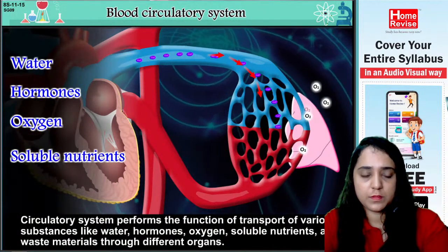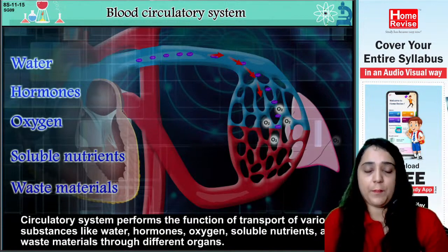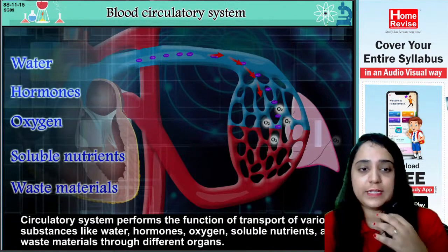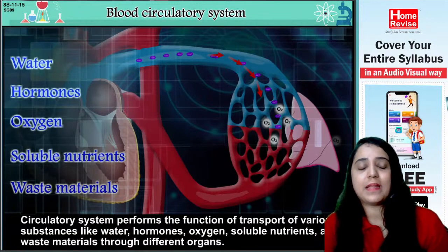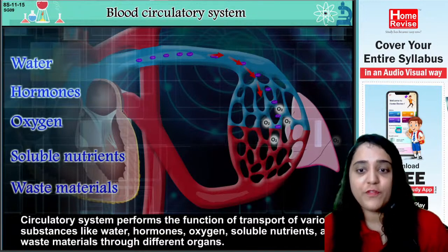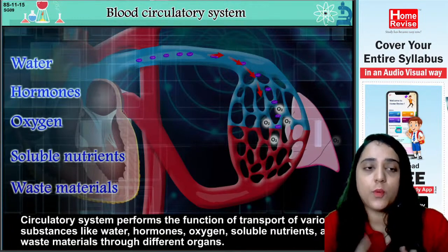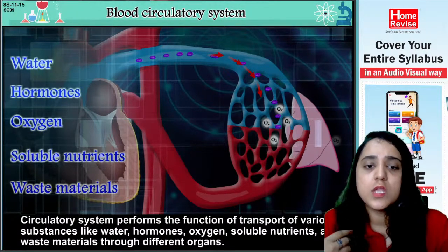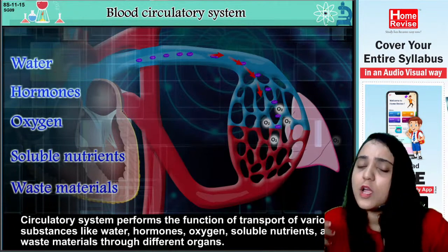Soluble nutrients and waste materials. As the name itself says, the circulatory system circulates things from one place to another. So the function performed by the circulatory system is transporting various substances, like water, hormones, oxygen, soluble nutrients, and waste materials, from different organs to different parts.